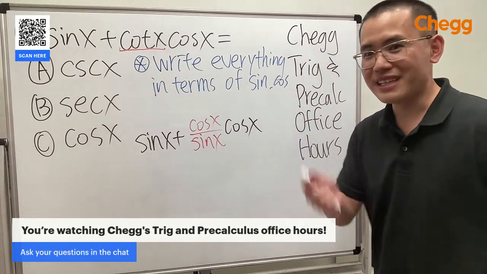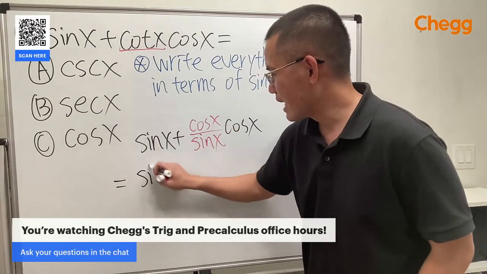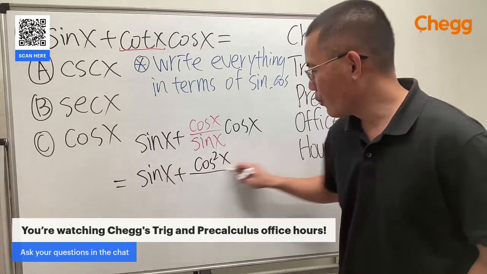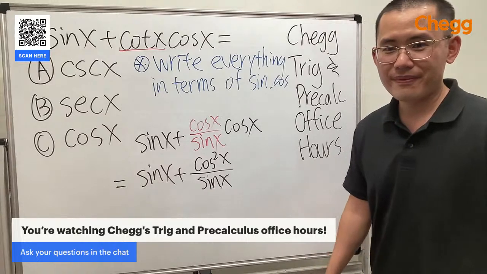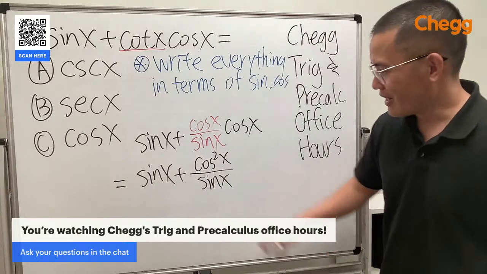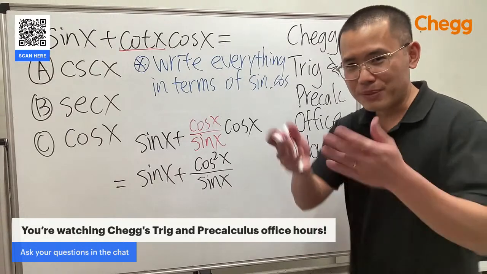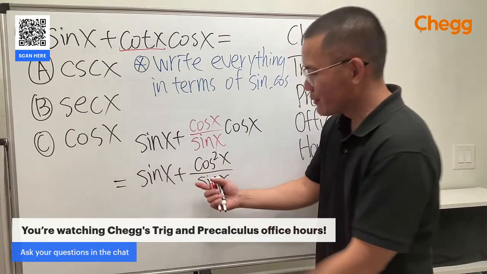Okay, what else do we do? Yes, we can multiply the cosine x together. So this becomes sine x plus cosine squared x over sine x. Okay, and then what else can we do next though? Multiply sine x with sine x over sine x, correct? Because now we have two things, right?